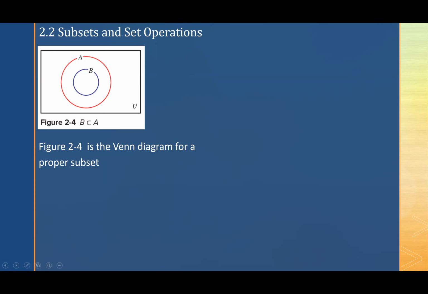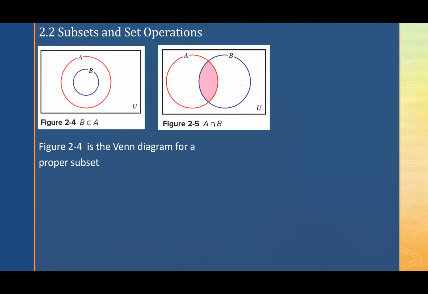You will see some of that, and this is the intersection of A and B, which basically tells you what is inside both A and B, meaning what A and B share. This is the common item, the only common item we have.